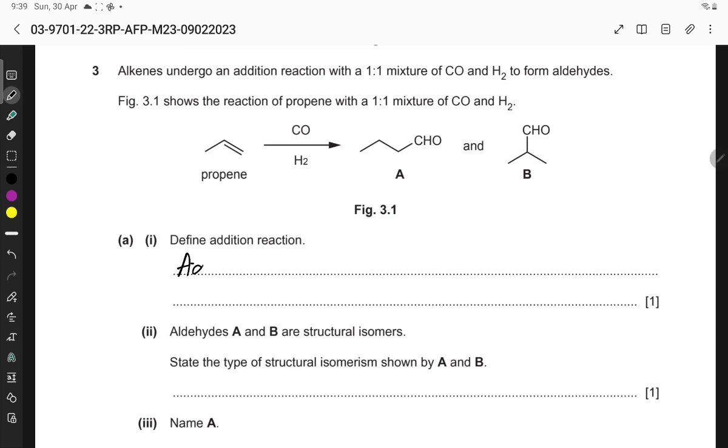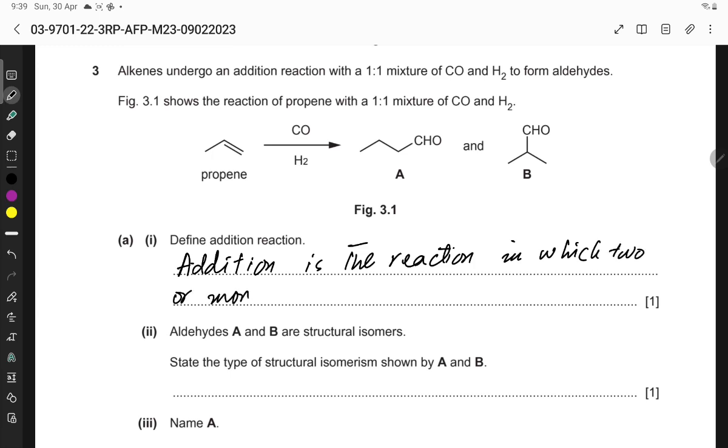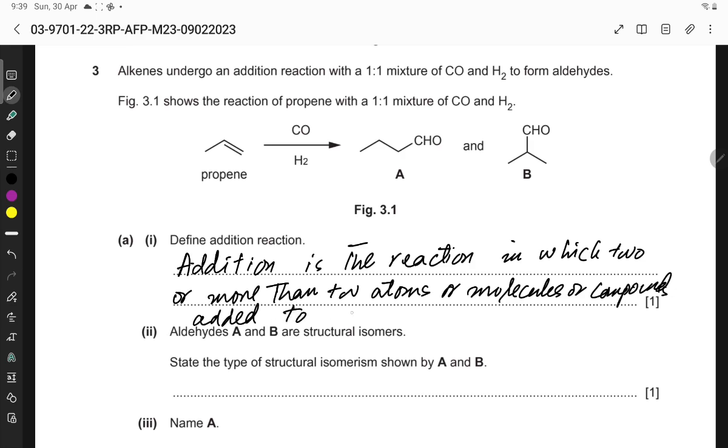An addition reaction is a reaction in which two or more atoms, molecules or compounds are added to form one product.